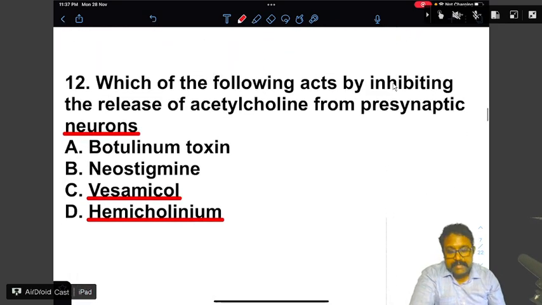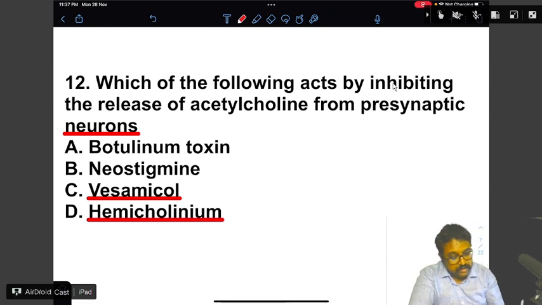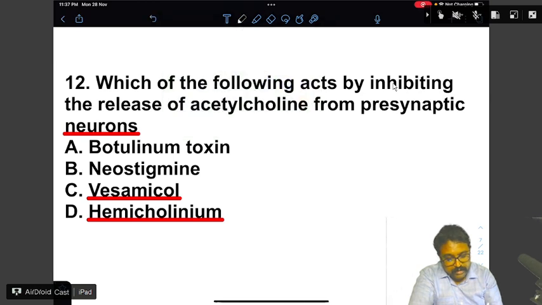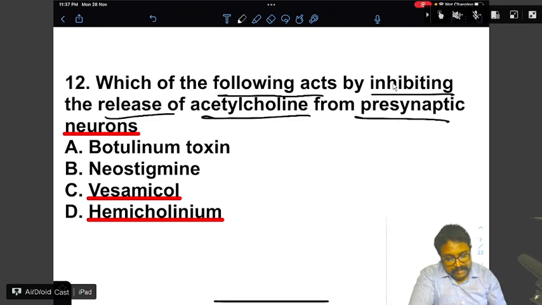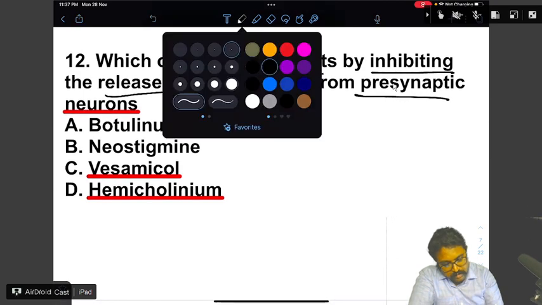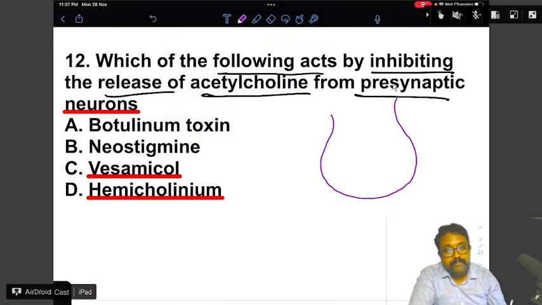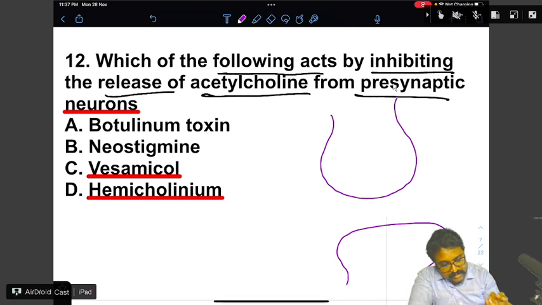Next, moving on to the 12th question, which of the following acts by inhibiting the release of acetylcholine from presynaptic neurons? So let us understand the presynaptic function. Here you can see it is a presynaptic nerve terminal. Here there will be a postsynaptic. Just let me tell briefly about the major steps.